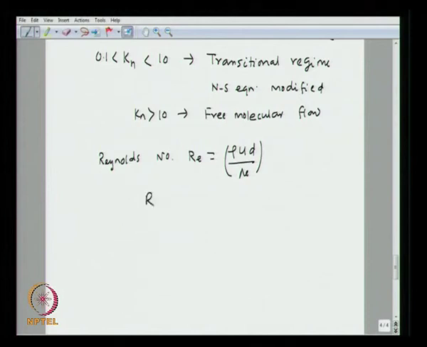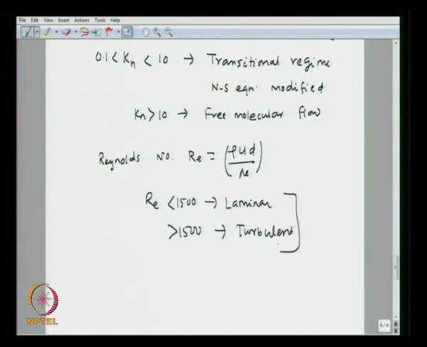If Reynolds number is less than 1500, we can say it is laminar. Reynolds number greater than 1500, you can say is going to be turbulent, although at micro scale this is debatable, okay. So which we will be discussing later on.